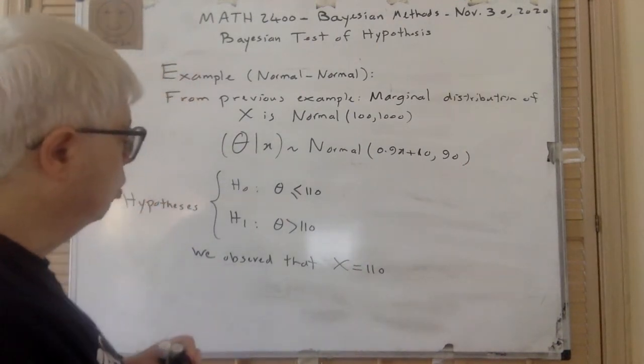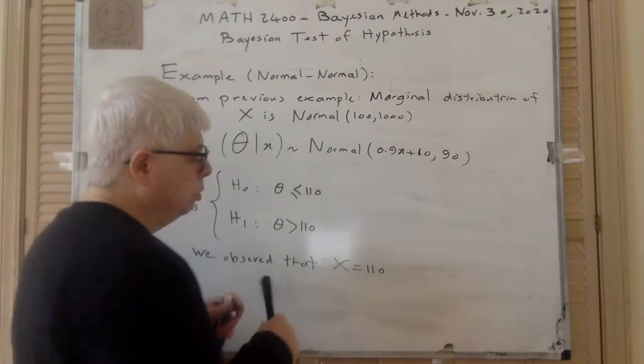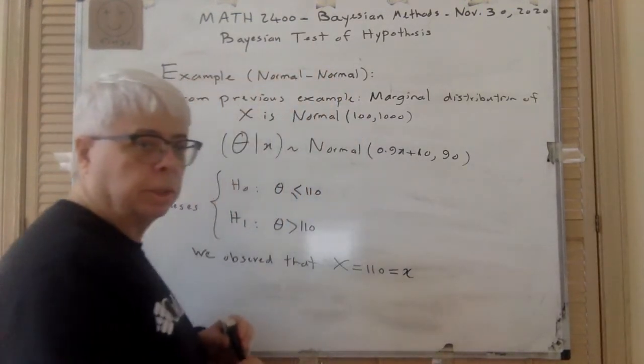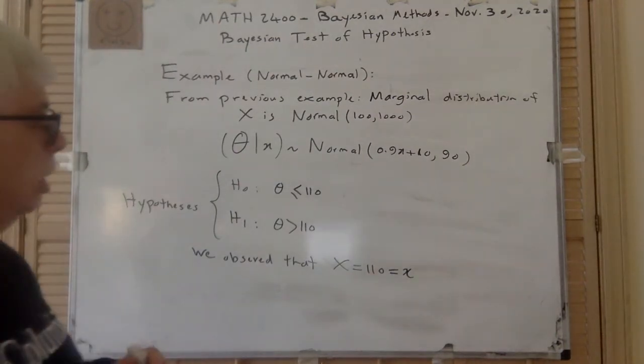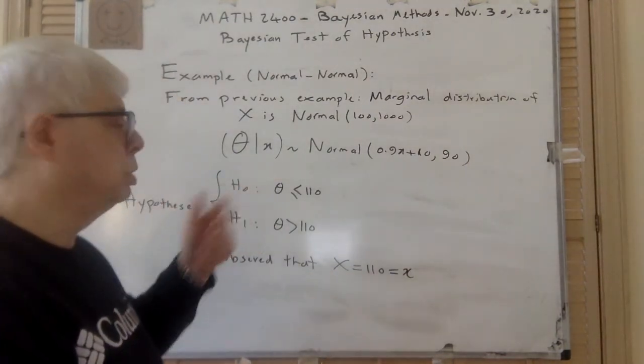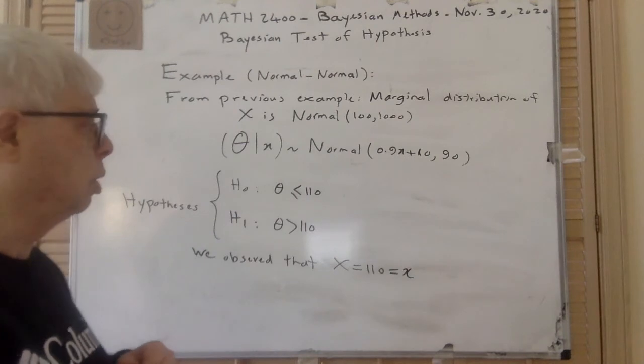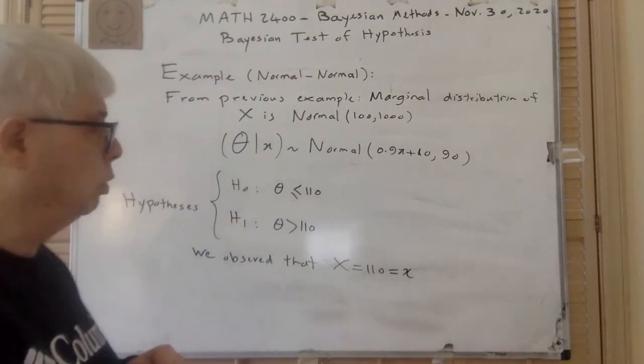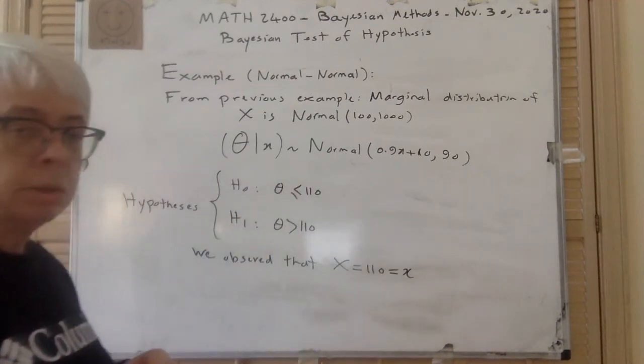Your blood sugar was 110. So this is my x. You observe that, and then based on your observation, you say, I think that theta is also around 110. Or let's say you want to see which one makes more sense.